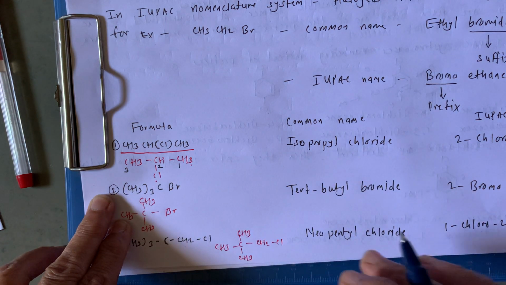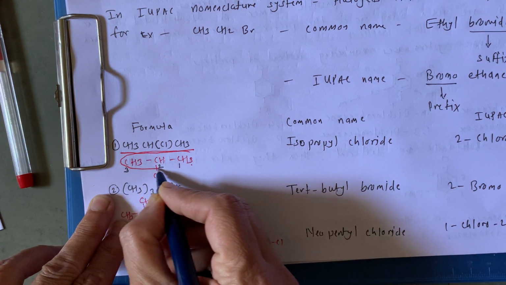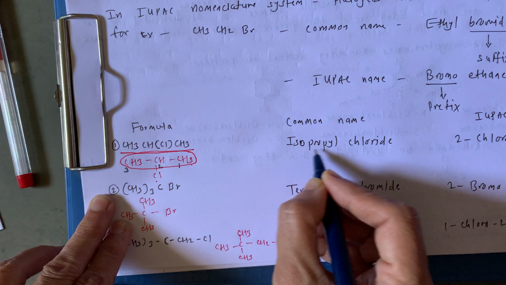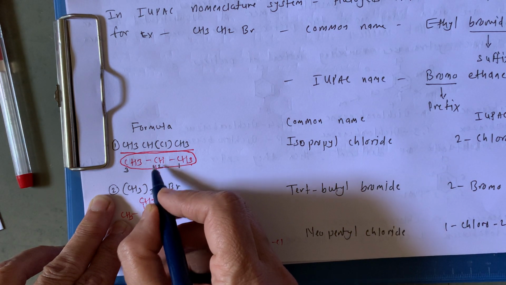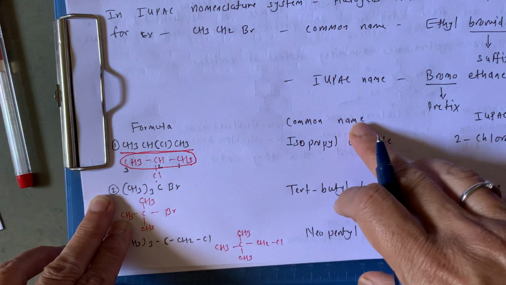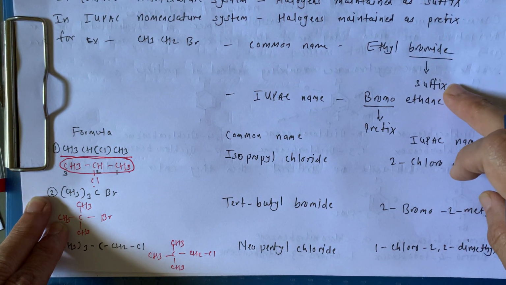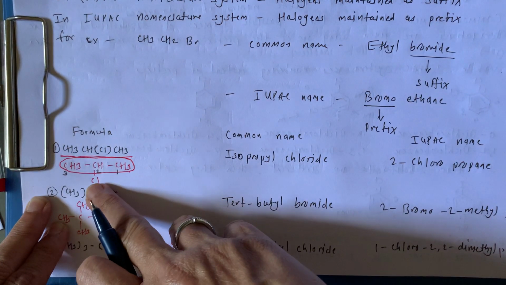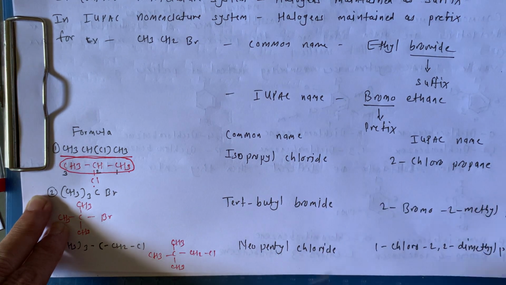So what is the common name? Our total group in a common name is known as isopropyl group. Why? Because at the second carbon there is a branch, so this is an isopropyl group, and in the common name, as I told you, halogens are the suffix, so here chlorine is the suffix.